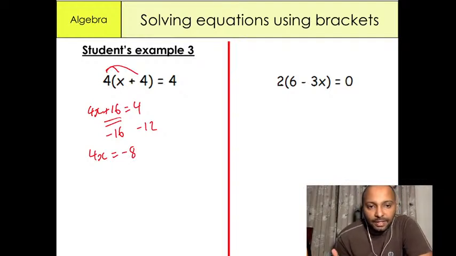And obviously we're going to have a negative answer to the question. So what would you need to multiply 4 by to give us minus 8? x is equal to minus 2. Okay, so that's our final answer.